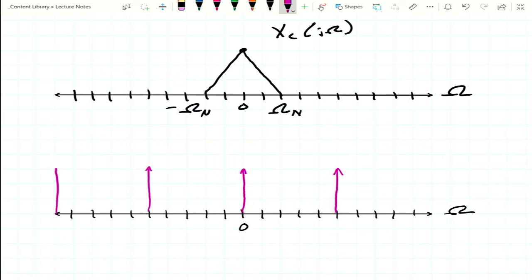Actually, it'll be a piece out here, right? It's that train of impulse functions that goes forever. This is our S of j omega.